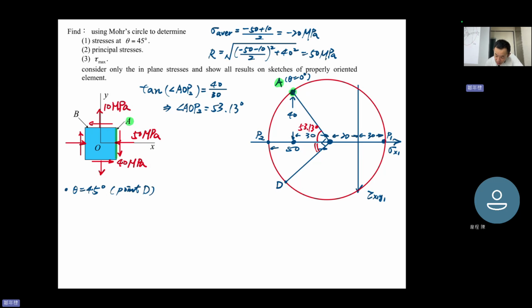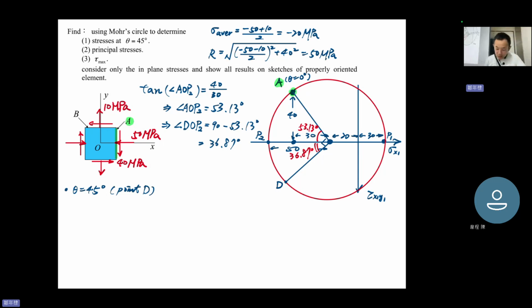So it's 36.87. All right. So we can further get that angle DOP2 equal to 90 minus 53.13 degree. You can get 36.87. So that's how we get this angle.